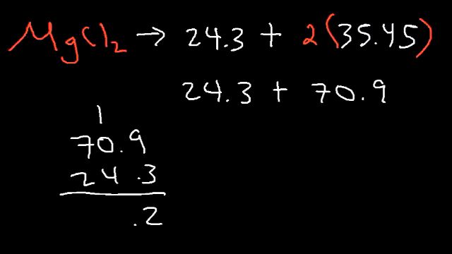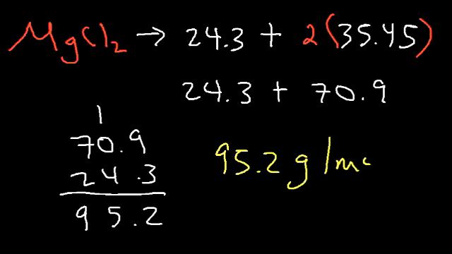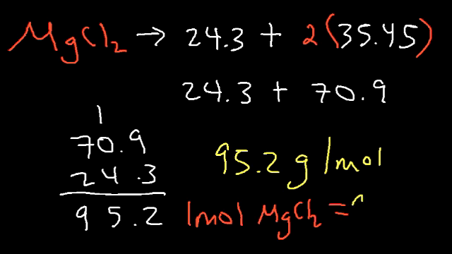Carry the 1 over. 4 and 1 is 5. 7 and 2 is 9. So the molar mass is 95.2 grams per mole, or 1 mole of MgCl2 is equal to a mass of 95.2 grams of MgCl2.